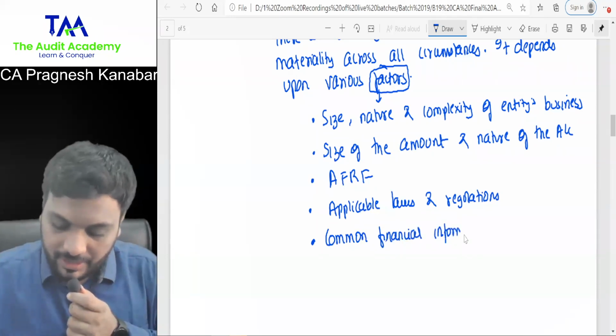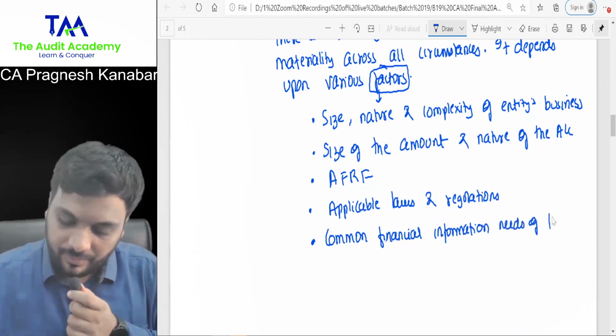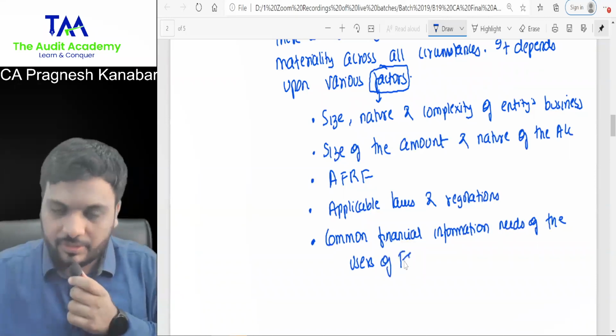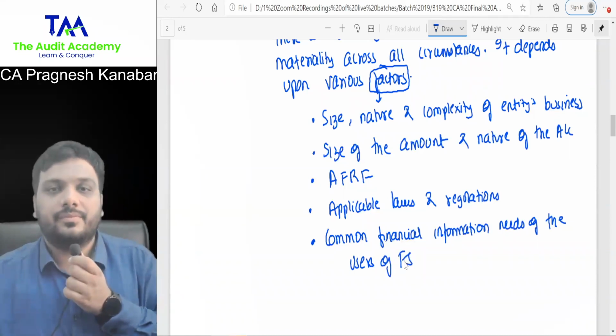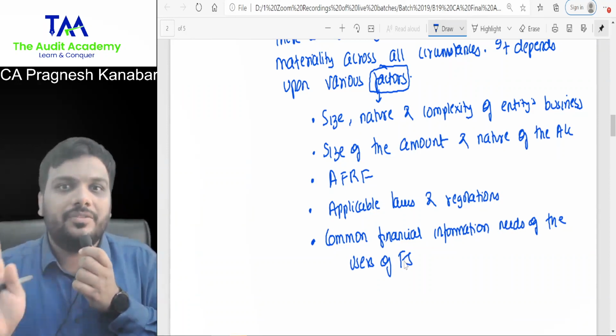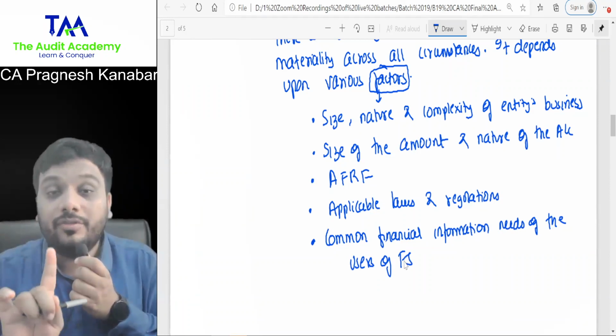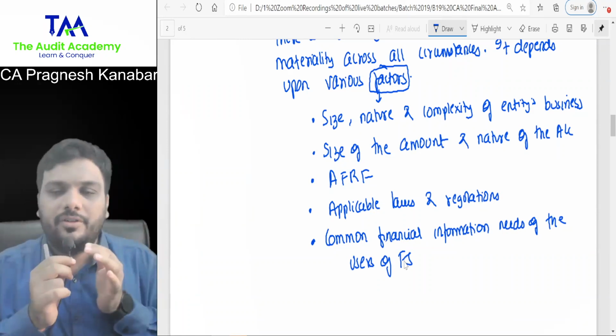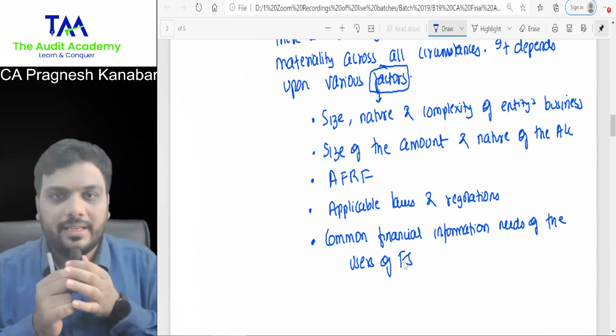Common financial information needs of the users of financial statements. Correct? Because we are conducting audit of general purpose financial statements. So whatever is commonly important for everyone, I am going to consider that as important.